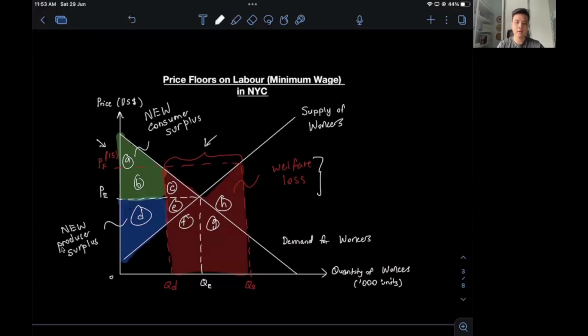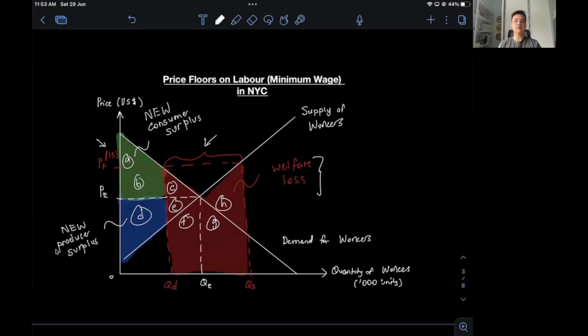And lastly, other countries can also be worse off because now competition and production for goods are protected by price floors, right? So this could be something to bear in mind as a consequence of price floors.